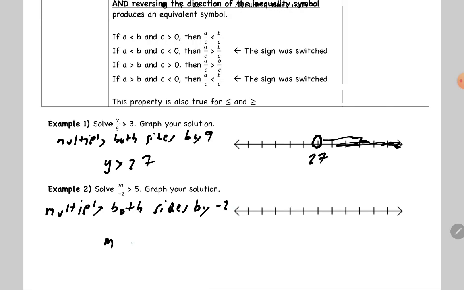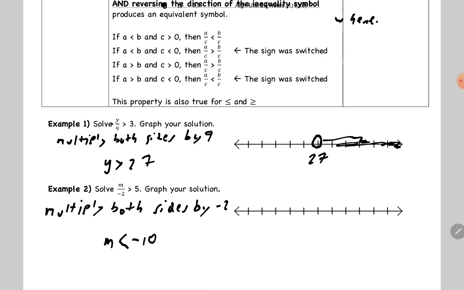So I'll get M, and then on the right side, we'll have negative 10. But what's different is when we multiply or divide by a negative number, we change the sign. So originally it said greater than, we're going to change it into less than.